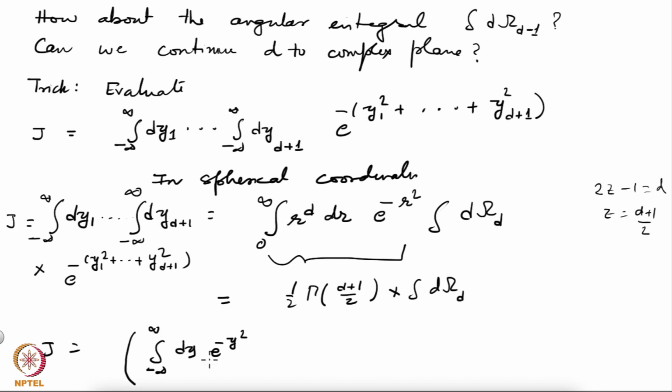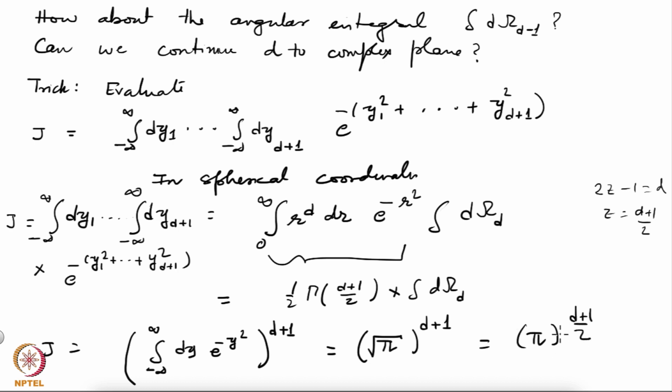So this is repeated d plus 1 times, right? And what is the value of this integral? The value of this integral here is root pi. That's the Gaussian integral, which gives you root pi power d plus 1, which is the same as pi power d plus 1 over 2.